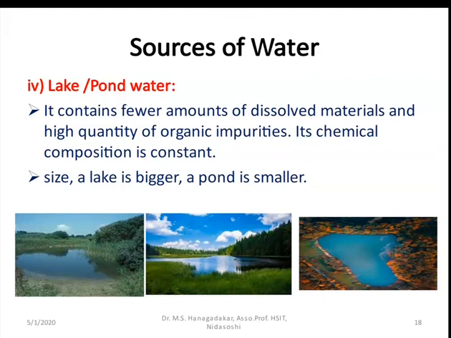Now coming to the fourth type of water resource, lake water and pond water. As you know, lake water and pond water are standing in a specific area, and it is not moving.